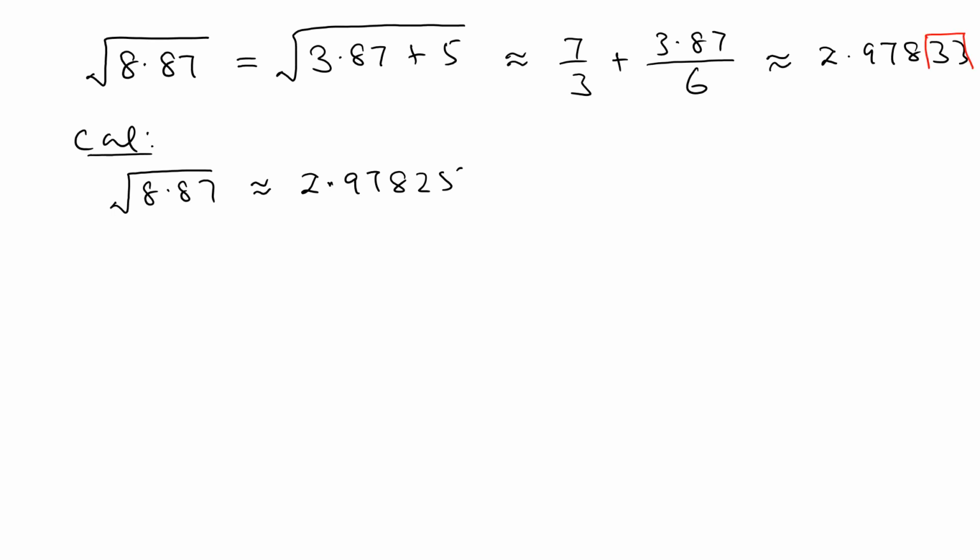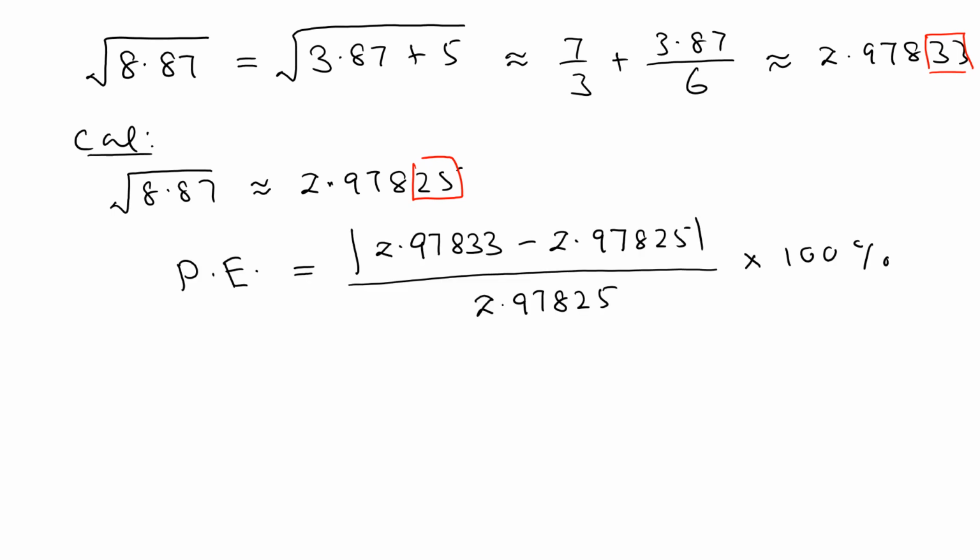So if you calculate the percentage error, this is what you get. If you simplify, you are going to get 0.0026%. You can see this is very small compared to the previous value.